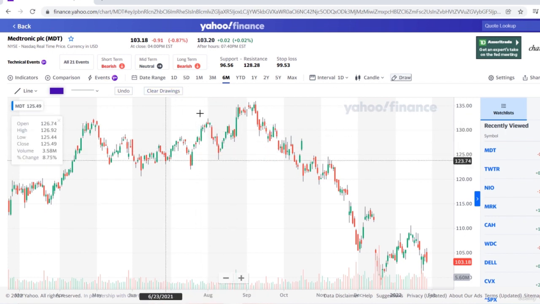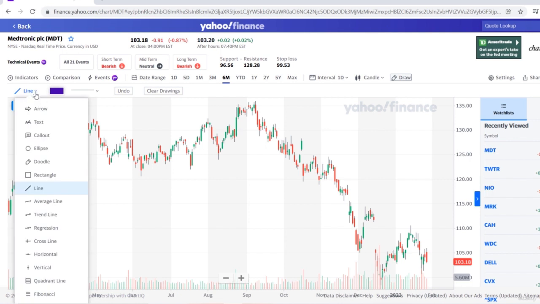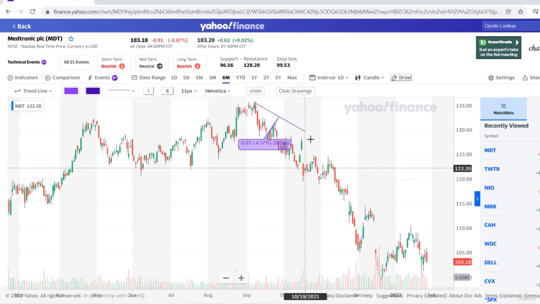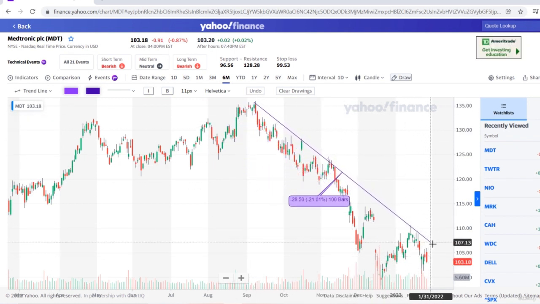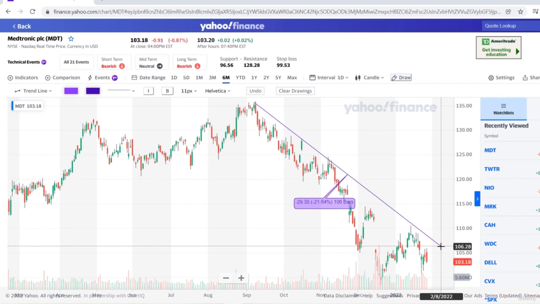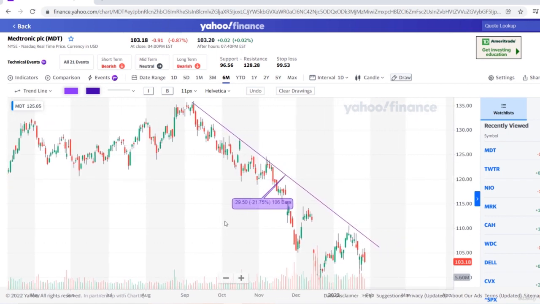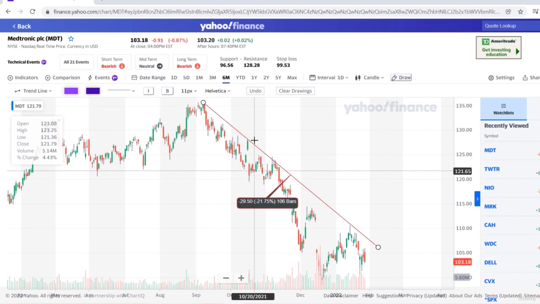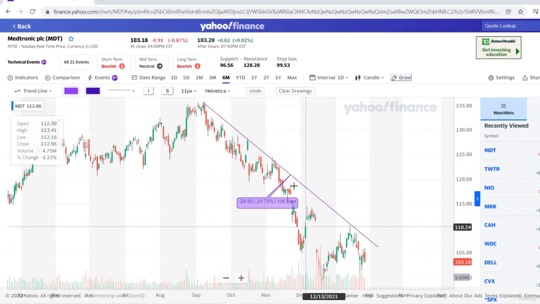And then, as you can see, I'm going to draw a trend line here. Now we've got a downtrend going on, right? So I'm connecting these tops here where it's topping out, because we're on a downtrend in more recent time. And you can see from this peak how we've hit these downward trends.